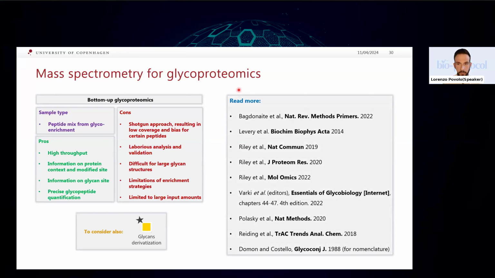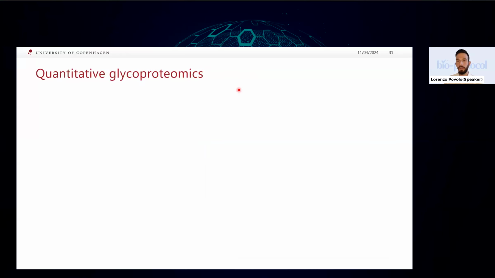further research. And yeah, so last thing that I would like to mention on a more technical level is one of the pros of doing bottom-up glycoproteomics, which is the possibility of doing quantification. So what is quantification? Quantification is the possibility of comparing, in our case, glycoproteomes of 2 or more different samples.